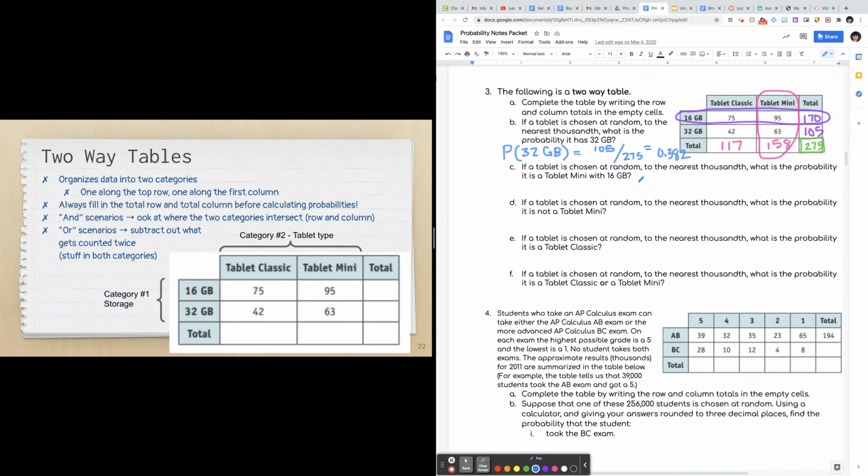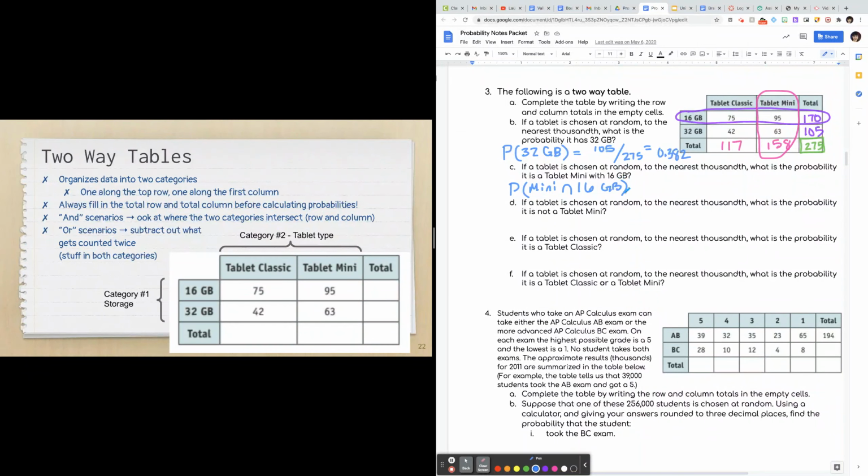So meaning it's a tablet mini that also has 16 gigs. If you look on the left side of your screen, you'll see your strategy for an and scenario. What I'm trying to find is the probability that I get a mini and that mini has 16 gigs in it.